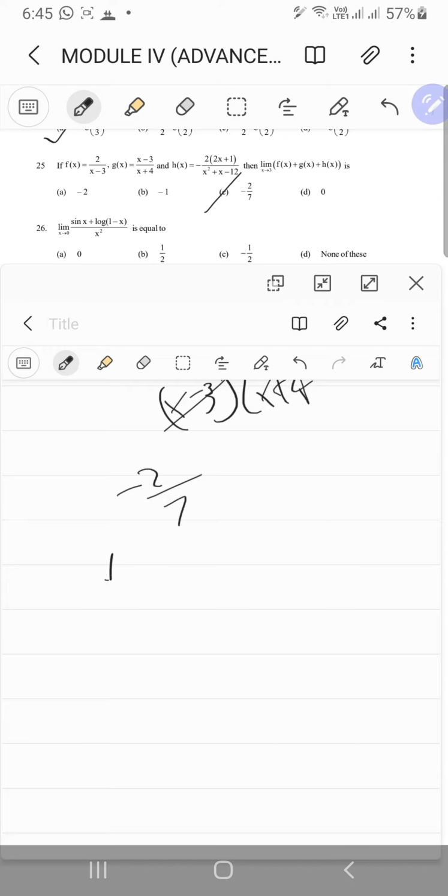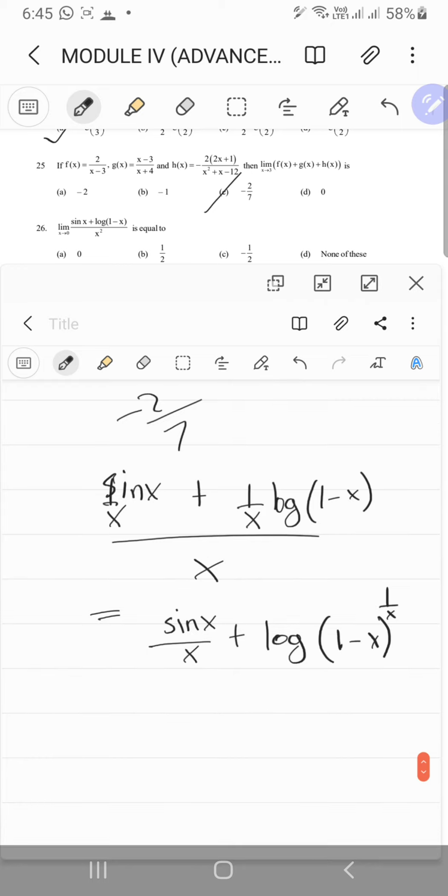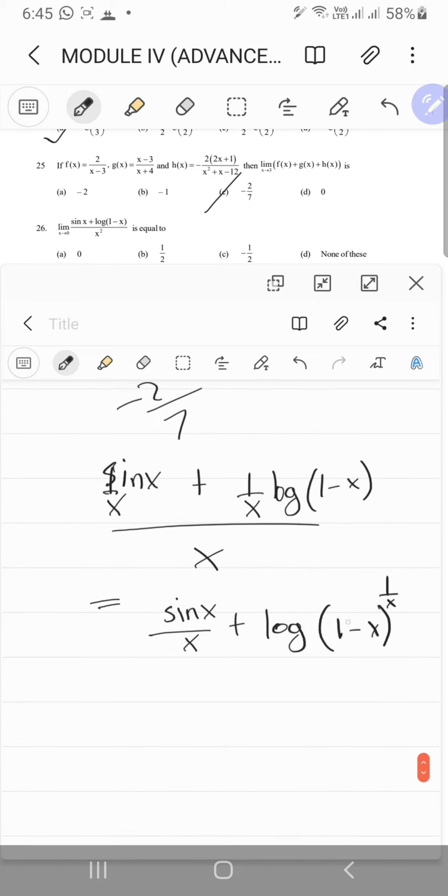So this is 1 upon x, sine x upon x plus 1 upon x log to the power of 1 minus x upon x, which is sine x upon x plus log to the power of 1 minus x to the power of 1 upon x. And this thing looks somewhat like e, doesn't it? So we can do it like this maybe.